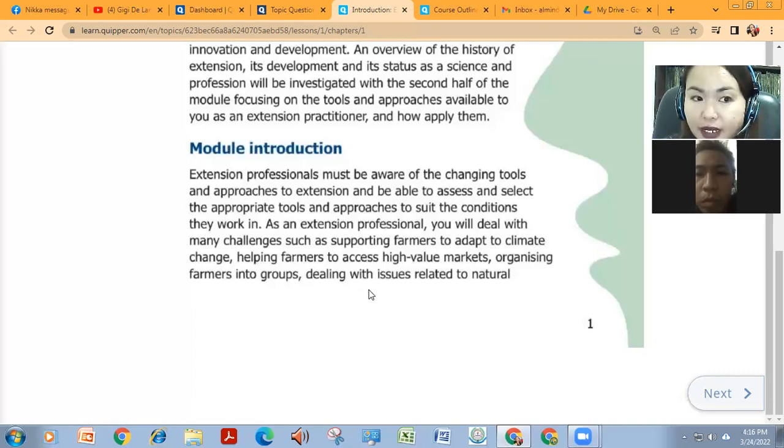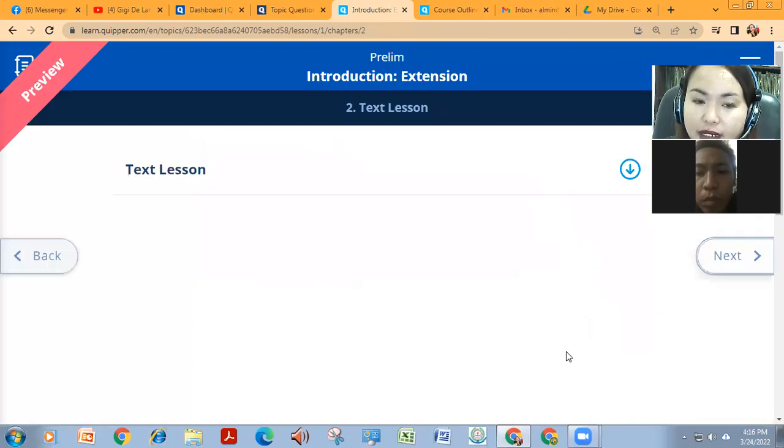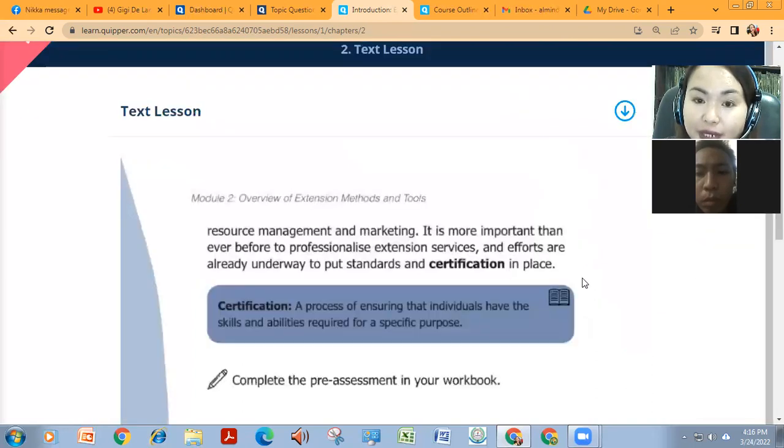Right now, as a cooperative, they will receive all the grants, the help from the government, the help of the Department of Agriculture, as an organization. And also dealing with issues related to natural resource management and marketing.